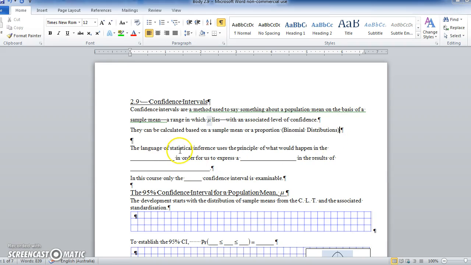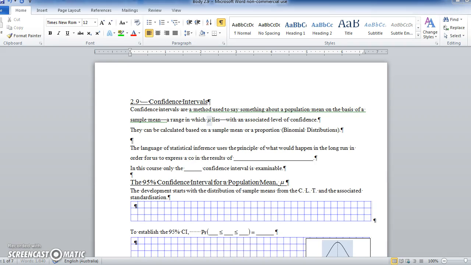So in the language of statistical inference, we use the idea that what will happen in the long run gives us an idea to express a confidence in the results we've got. I'll come back to this point a little bit later when we talk about how to look at and interpret a confidence interval.